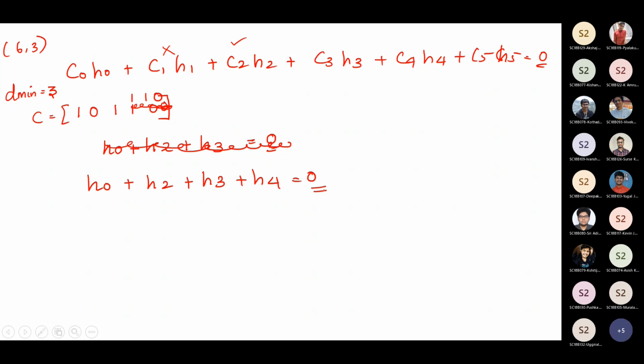Okay, so can I conclude from here, since the d minimum of the code word is 3, if I add any 3 columns, I will be getting a 0 vector? Can I conclude like this?